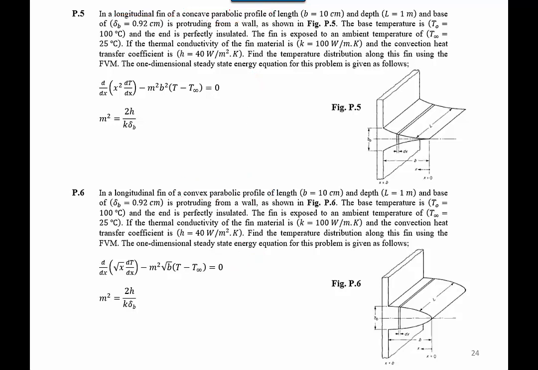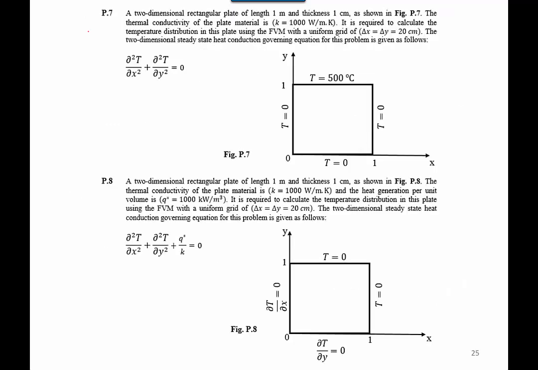So you can also compare problems 4, 5 and 6 and find which shape has the optimum performance of a fin. And the last two problems are two-dimensional case studies.